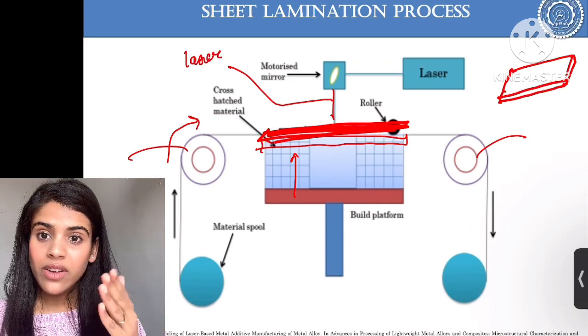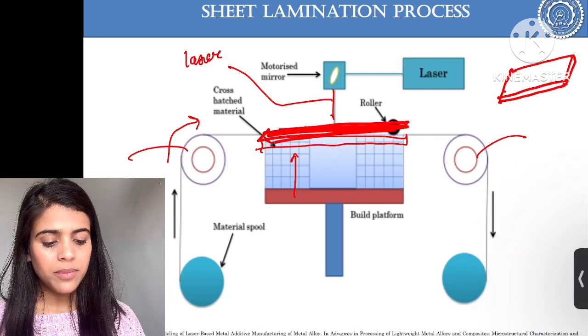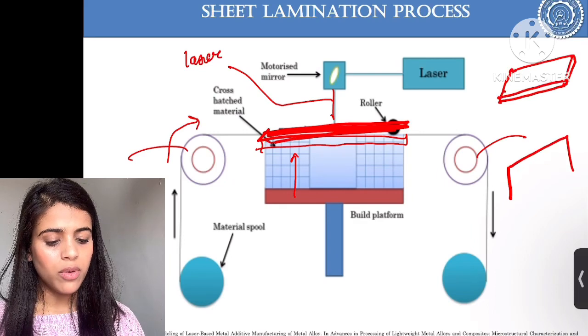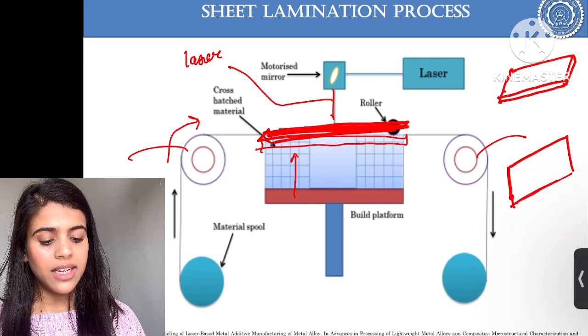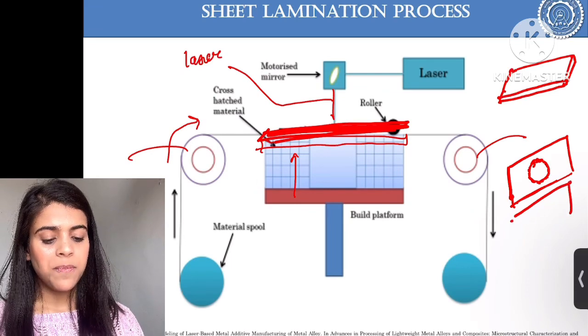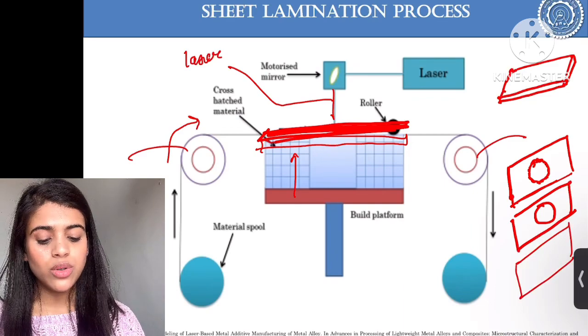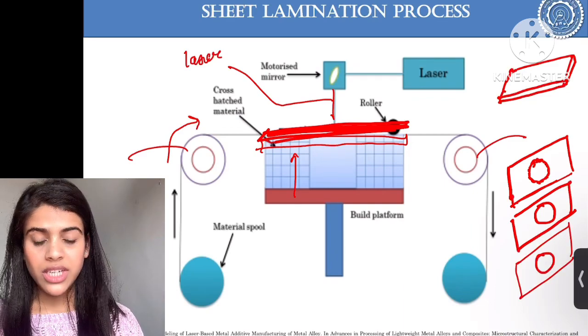So the laser will cut the material as needed. Like if a sheet is coming, it's a top view, and we are going to make a ball, the laser will cut this sheet in a circular way. It will make a circle, and this roller will be moved from this direction to this direction over the sheet.